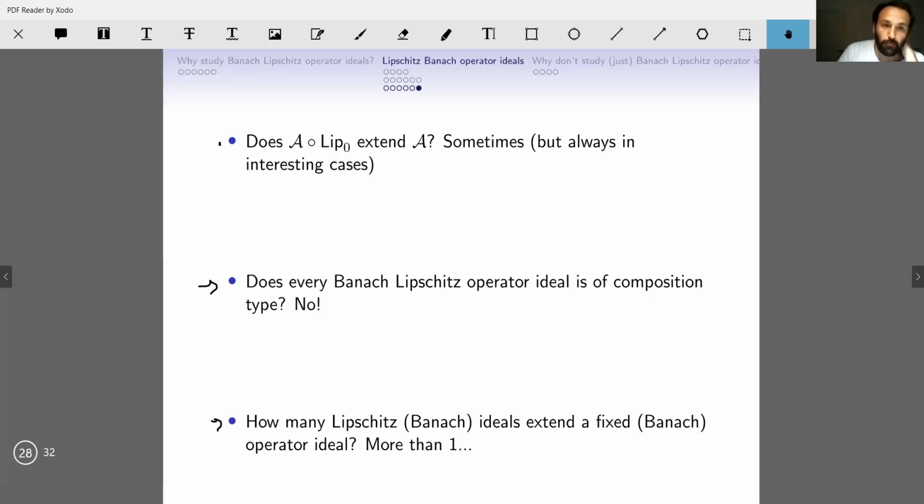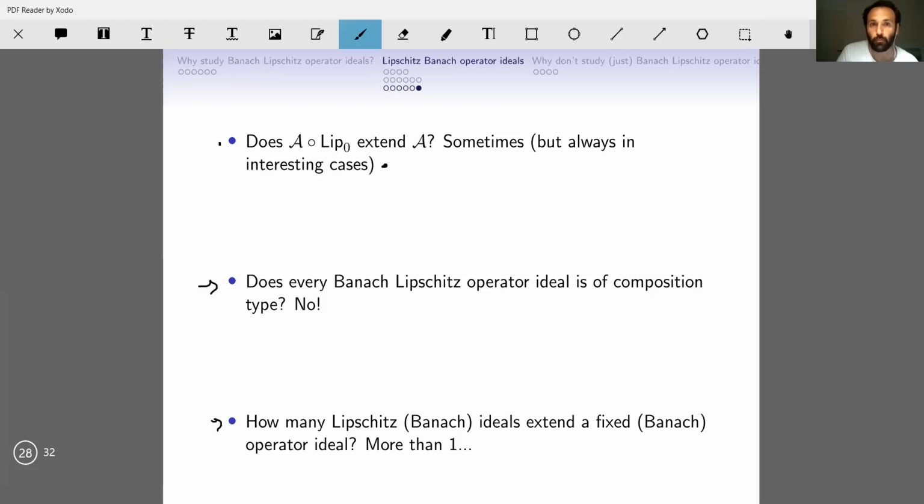You have to believe me that I show you just one example, but in many cases, such as nuclear operator ideals, integral operator ideals, and much more, we always have the answer to these three questions.